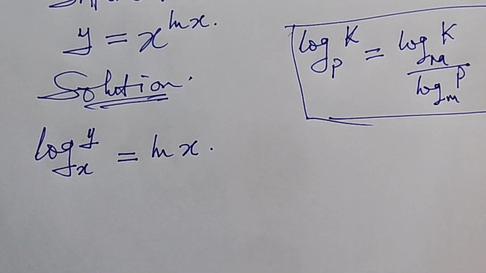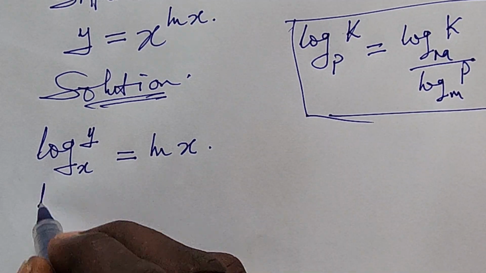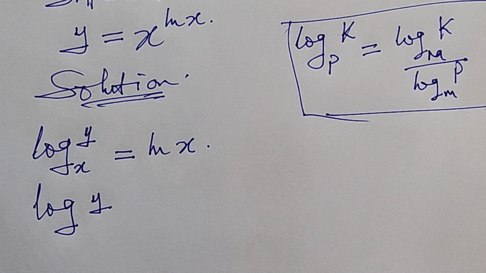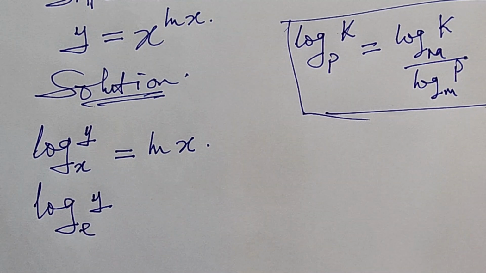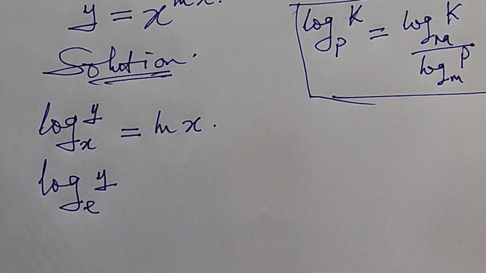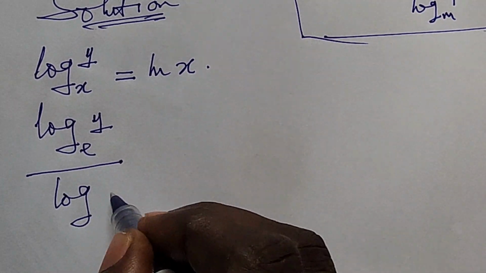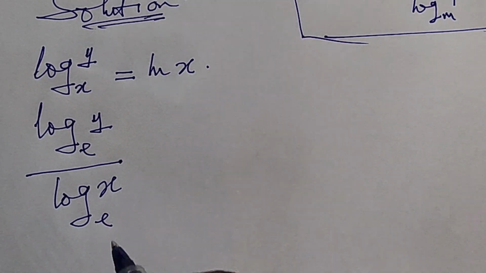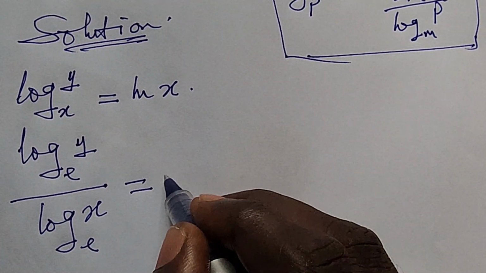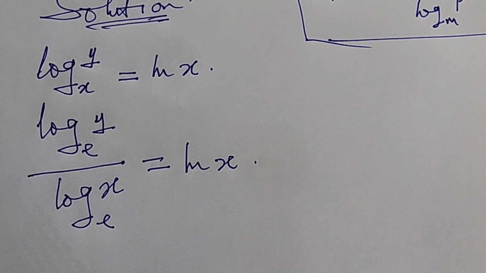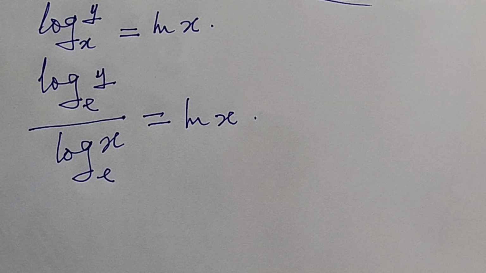Good. So applying this law, we're going to have log y, changing to the natural base, which is e, all over log x base e, everything equal to ln of x. So what do we do next? It is very easy: we just cross multiply.